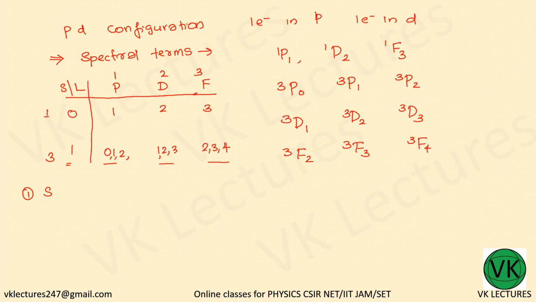The second rule is regarding the L. Here also we have the same rule, that is, the higher the L value, the lower the energy. So the L value is higher here. So out of these three, you have one of the states as the lowest energy state.